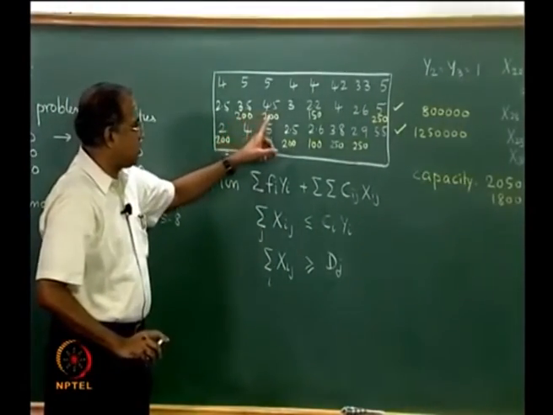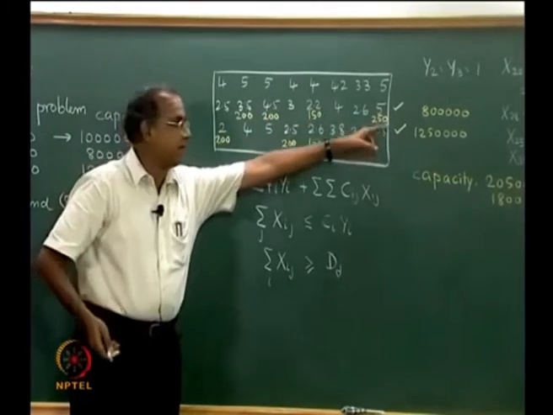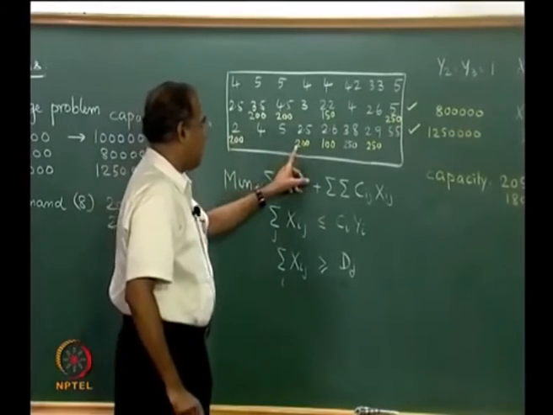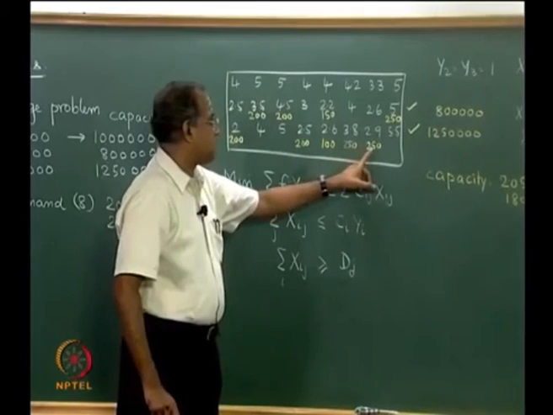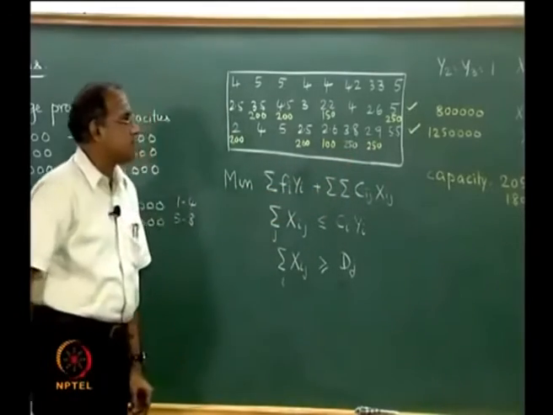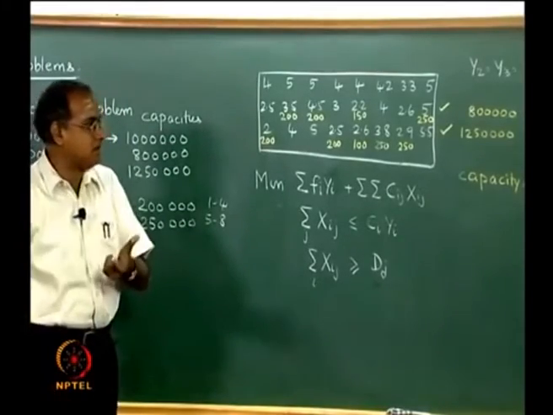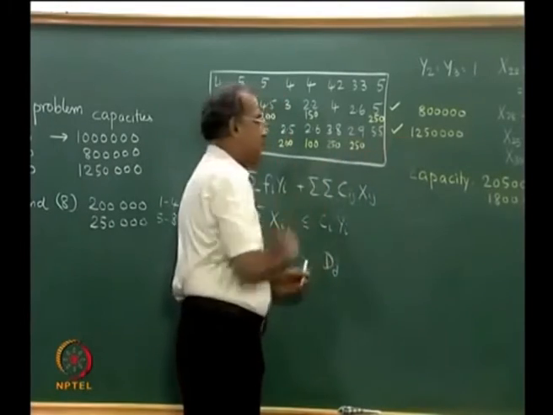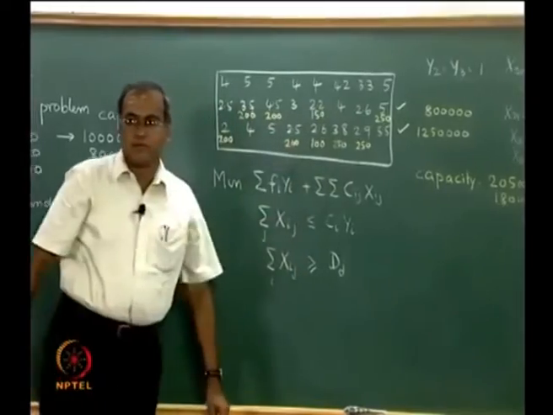So 200 plus 200, 400, plus 250 is 650, plus 250 is 900, so 800,000 is utilized. Here it is 200, 200, 400 plus 100, 500, 500 plus 500 is 1000. So, there is an excess capacity that is left here. So, the demand for all those is also met by this solution.